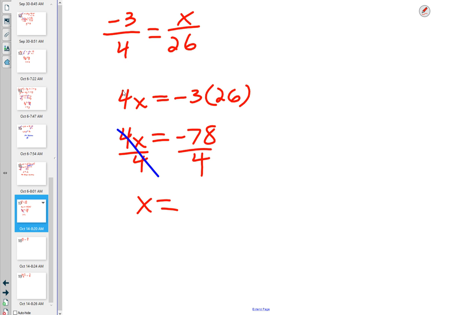Well, you get a decimal, yes. And we don't like decimals. As long as you're not rounding, if you gave me an answer that's a decimal, I guess I could live with it, but I don't like it. So what I always like to teach is if you can't divide, then reduce. If I can't divide these by 4, is there another number I can divide them by? By 2. So divide each one by 2, that gives you negative 39 over 2.